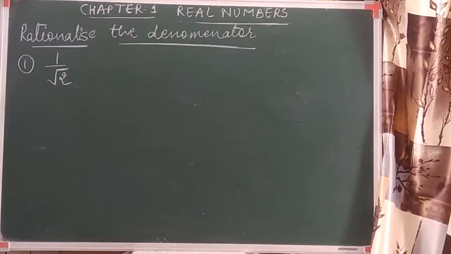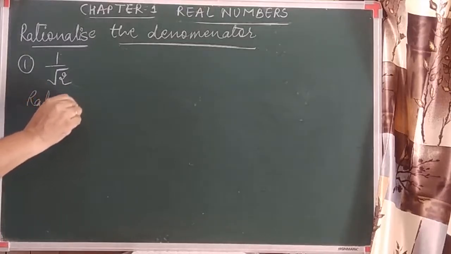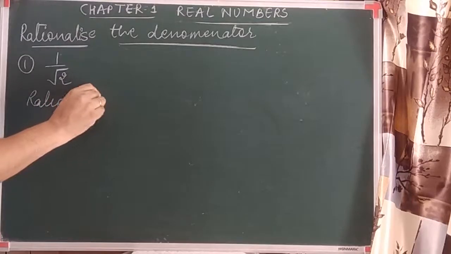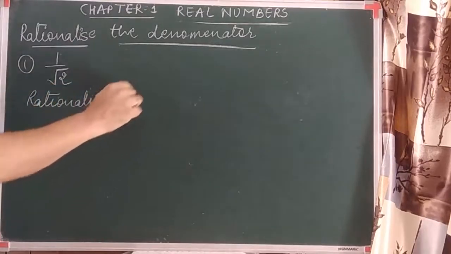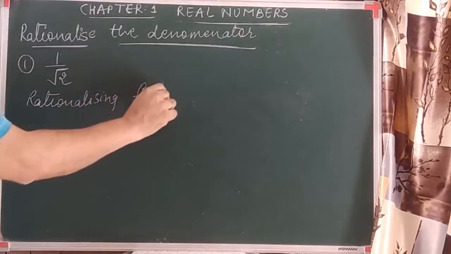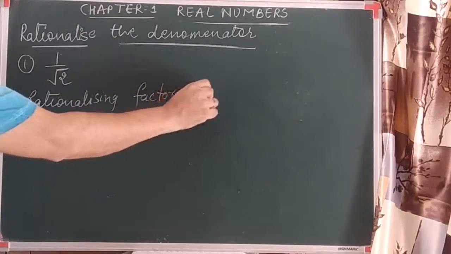Yes, we discussed that the square of any irrational square root is always rational. So we can say the rationalizing factor of this number is root 2.